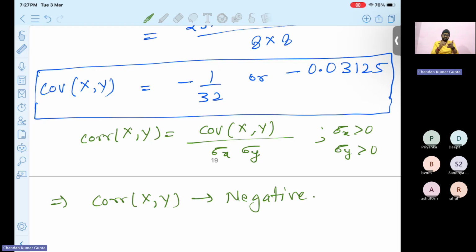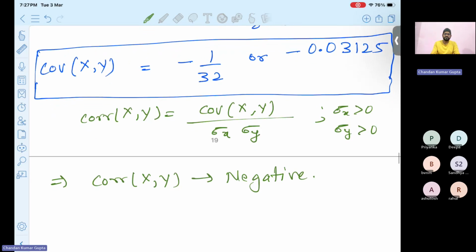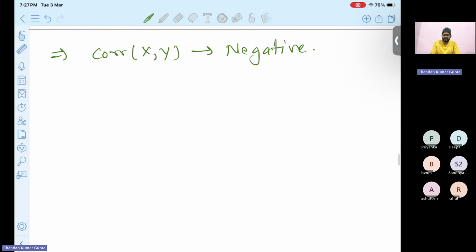That means if one random variable increases, the other decreases. So this kind of analysis you can do with the help of these statistical characteristics. Okay, is it okay up to this point? Any doubt?